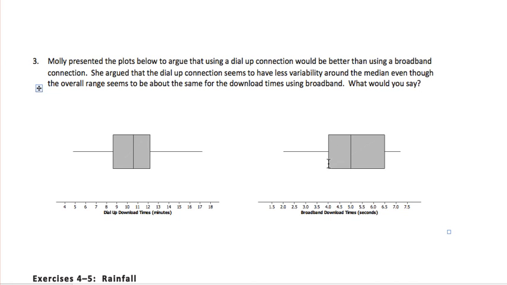So when we're not comparing the same units, nor the same intervals on our number line, we really cannot make a good comparison between those two box plots because they're not representing the same thing.